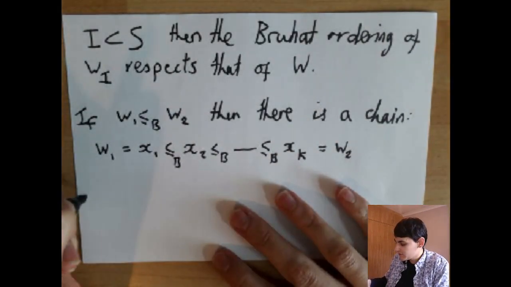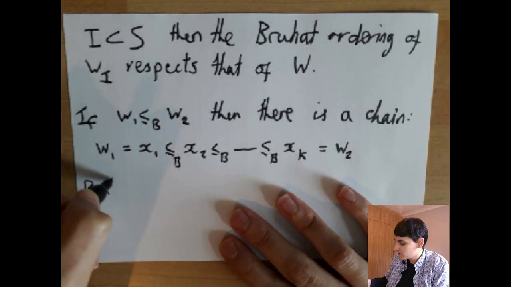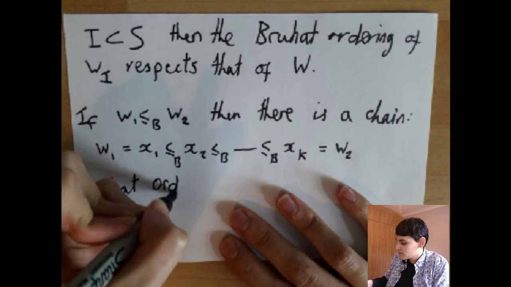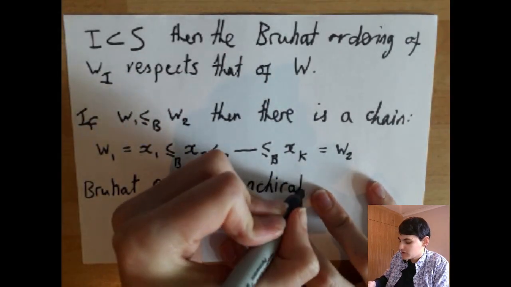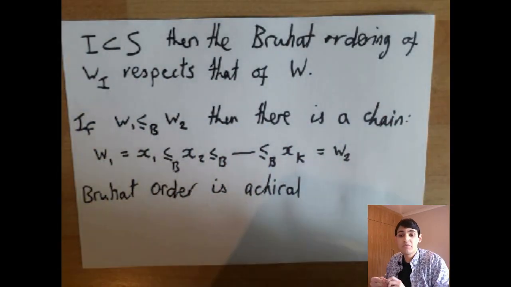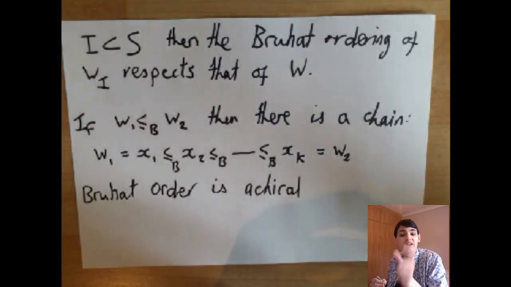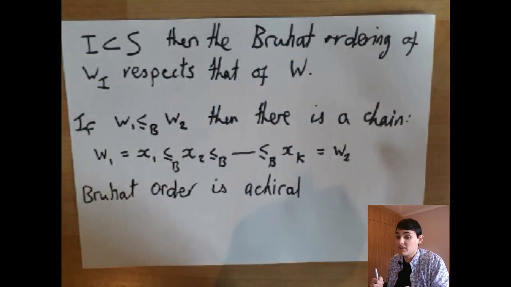And finally, the third corollary that I want to point out is that the Bruhat order is achiral. Okay, and what does that mean? Well, it means that it doesn't matter which side you multiply on. The Bruhat order doesn't get affected, basically.